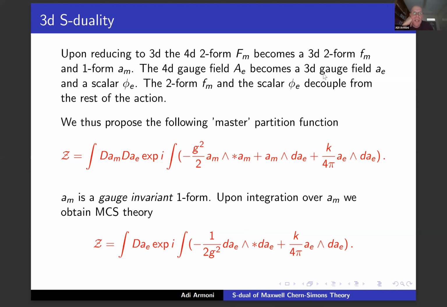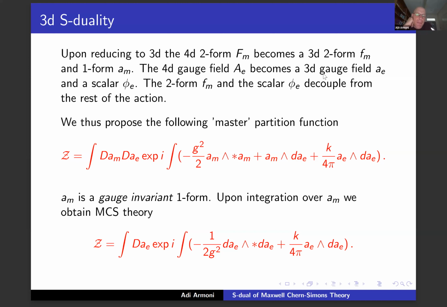Now, Fm and AM are both gauge invariant. So AM is not a gauge field, it's a one-form, it's a vector, but it is gauge invariant. So it's important to remember that when we reduce the 4D master field to 3D, AM is not a gauge field, it's gauge invariant. Now, the 4D gauge field AE becomes a 3D gauge field, small AE, and a scalar phi.